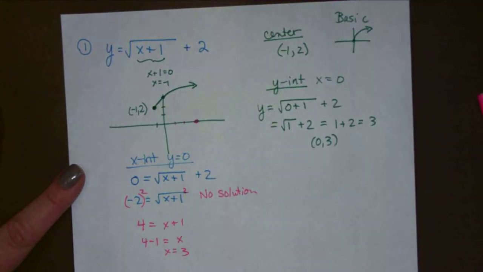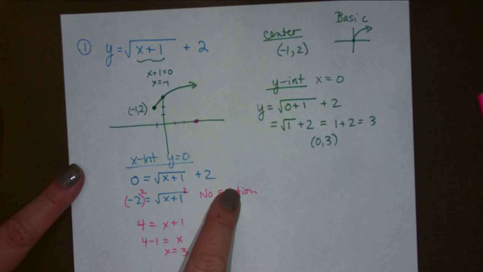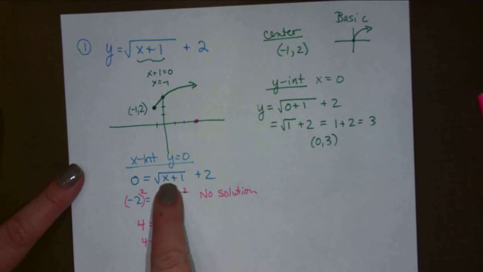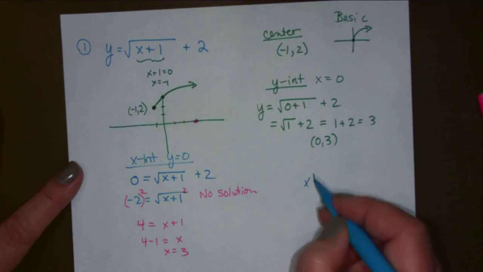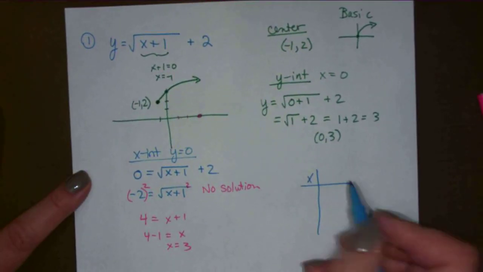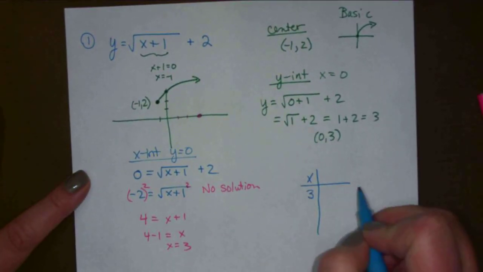If you did a table of values, 3 gives us what point? If we plug 3 in here, what do we get for the y value?